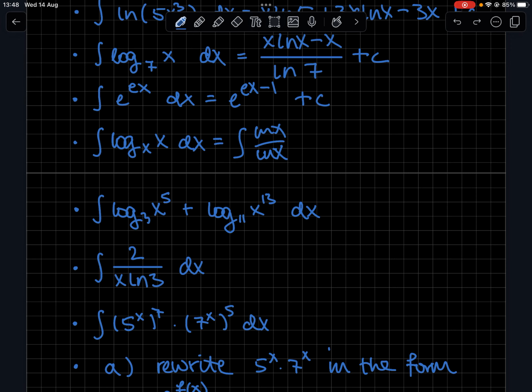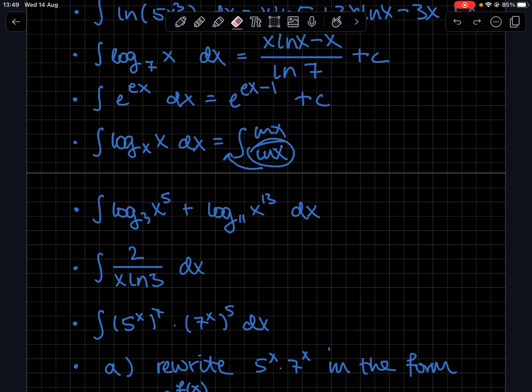But if you were to not notice that, what we did before was pull the ln of 7 outside of the integral, and then we had to integrate ln of x, right?